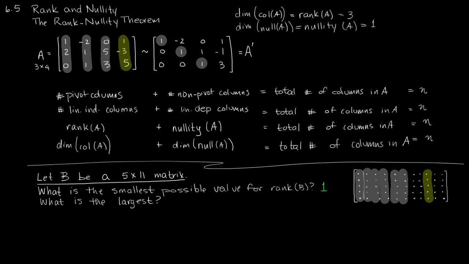Could I have, say, 6? I've got that here: 1, 2, 3, 4, 5, 6. Can all 6 of those be linearly independent? I'm going to pause just for a second. I'll stay on screen. I want you to think about that. How would you find the linearly independent columns in a matrix?